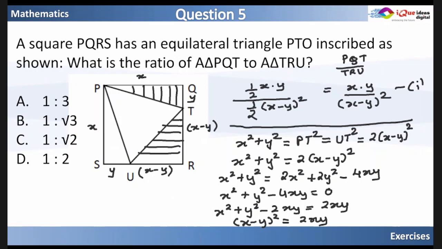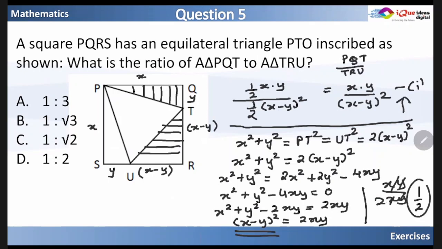Okay, so now done. Substitute the value of x minus y the whole square in our equation here. So I get xy, and the value of x minus y the whole square is 2xy. So xy gets cancelled. The ratio is simply 1 upon 2.